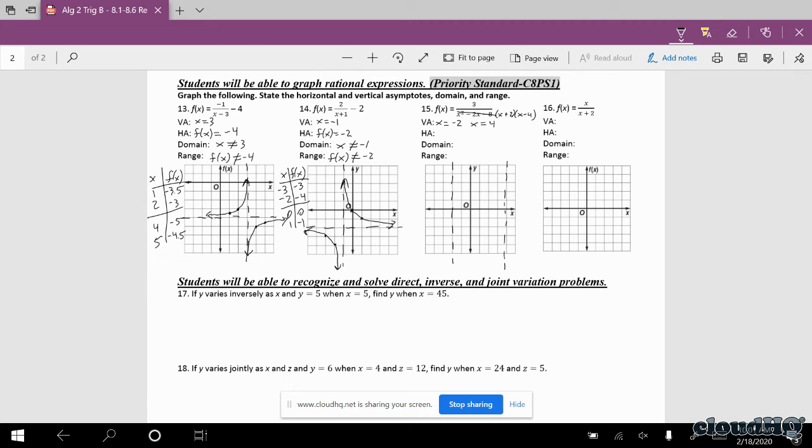Horizontal asymptote would be 0 because the denominator has the larger degree. I'm going to plug this into calculator so I can find my table of values quickly.